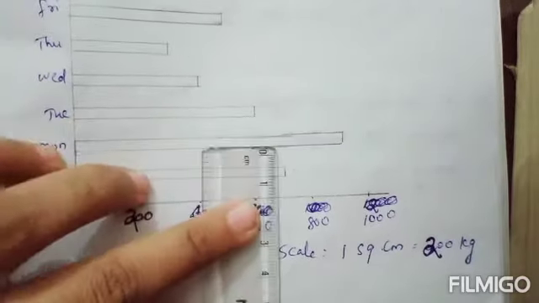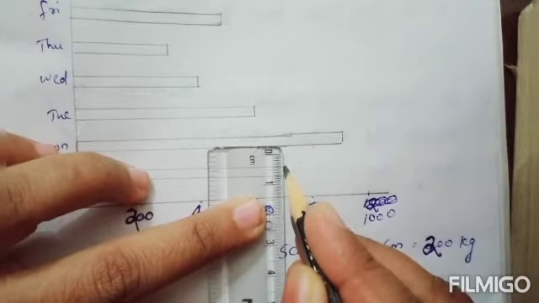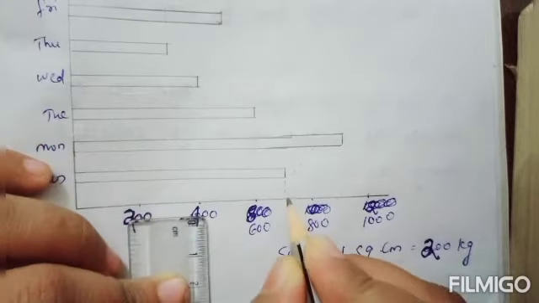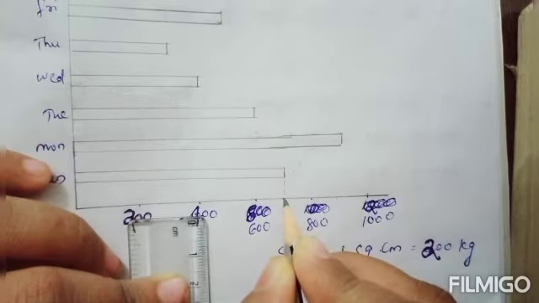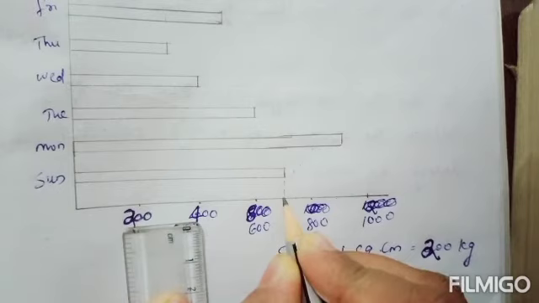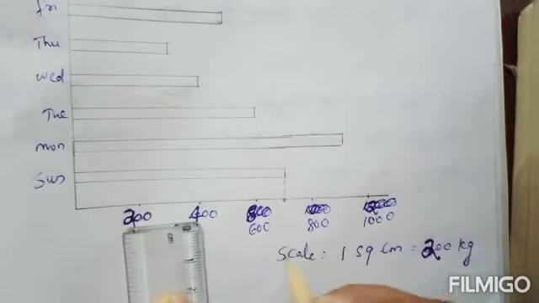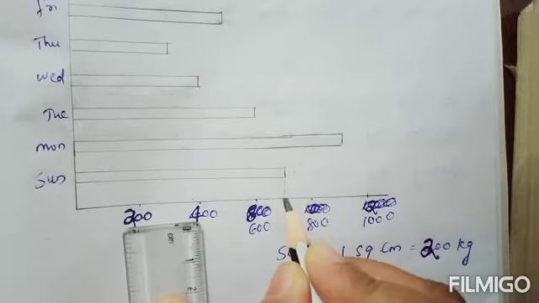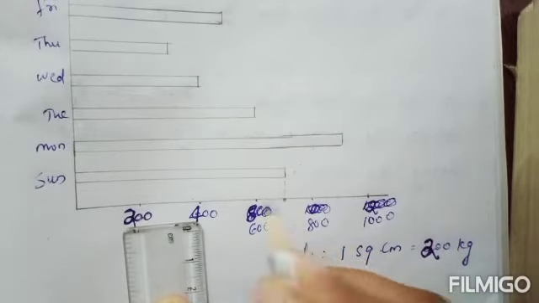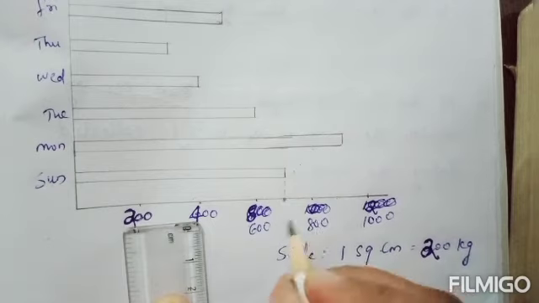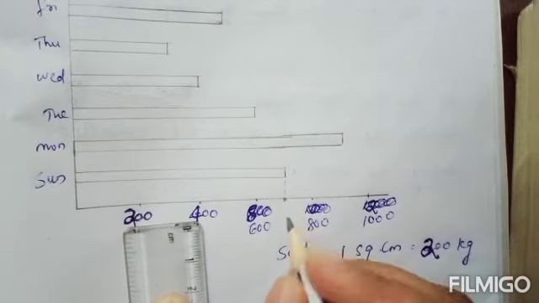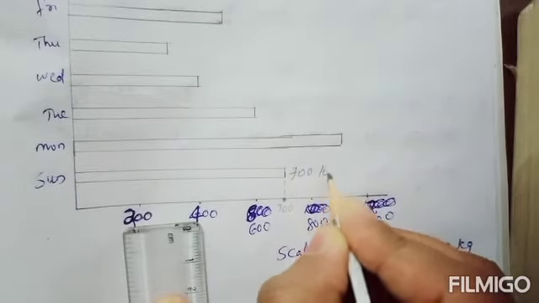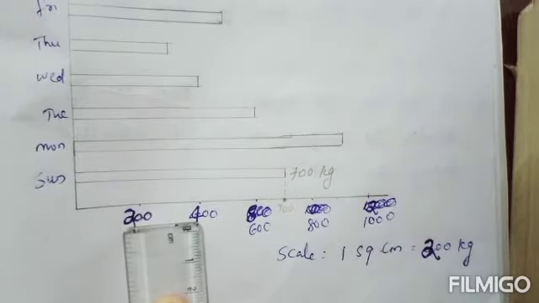This is the end of the rectangle, so you can draw a line like this, and see at which point the line touches the horizontal axis. That will be the sale on Sunday. This point touches at the middle of 600 and 800. You can take it as the middle, so it is 700. So 700 kilogram of sugar is sold on Sunday.